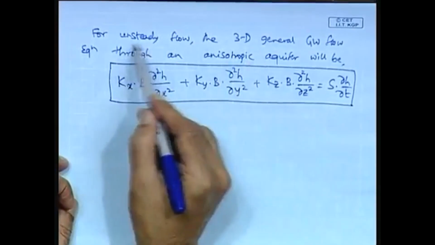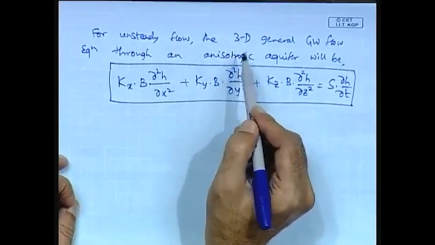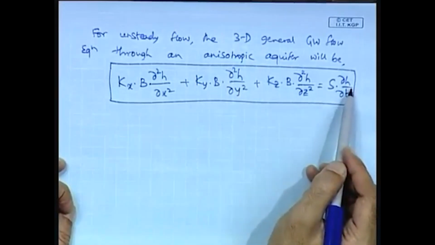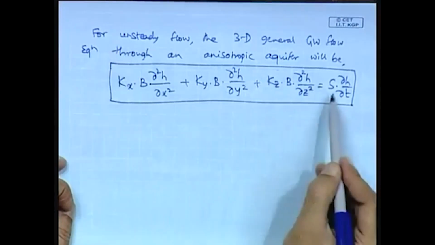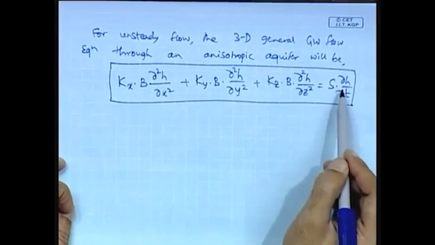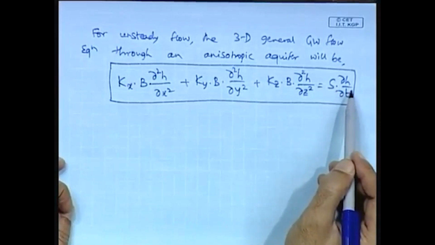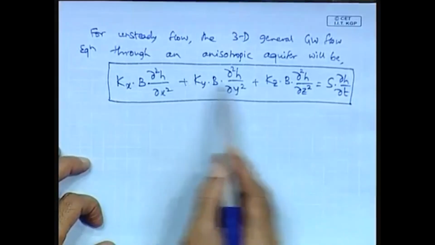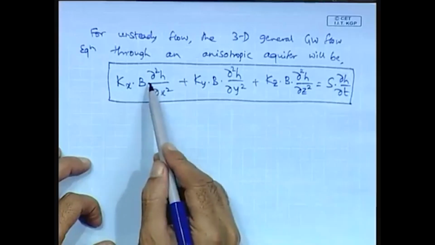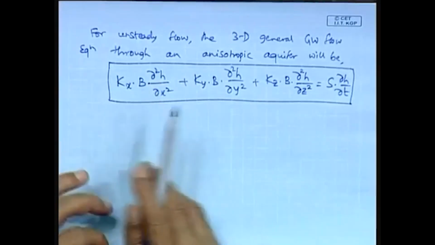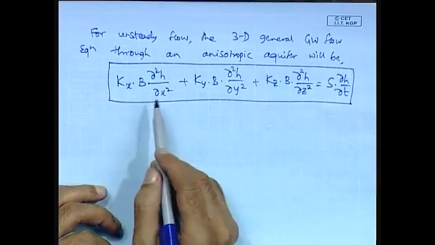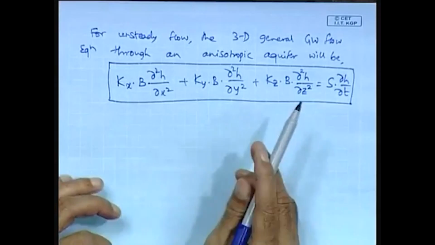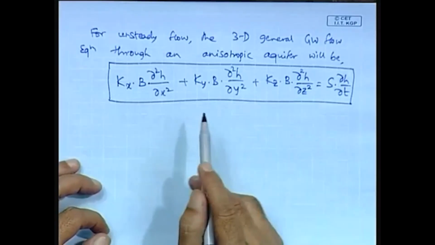Here the flow is unsteady and three dimensional, and the aquifer is anisotropic. So, this is the general form, and when the flow becomes steady, the right hand side term becomes 0, and when the aquifer is isotropic, Kx is equal to Ky is equal to Kz, and in that case it will be the Laplace equation. So, this is how the general groundwater flow equation varies.